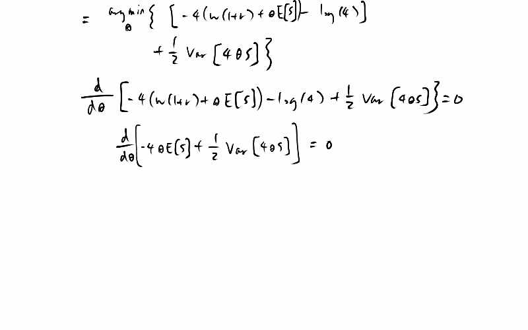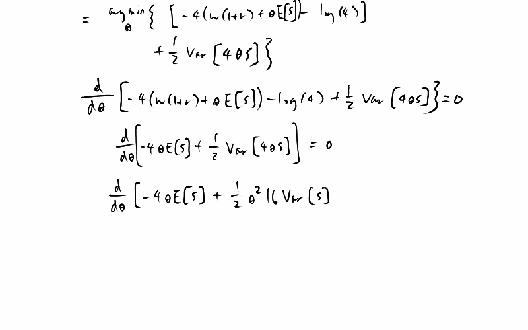So theta is already outside of the expectation, so that's fine. We need to take this theta out. When you take a constant number outside of a variance, you have to square it, so it becomes theta square. And let's just take the 4 out also, so it becomes 16, right?